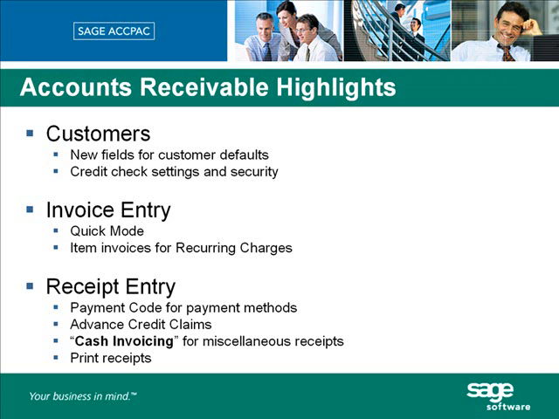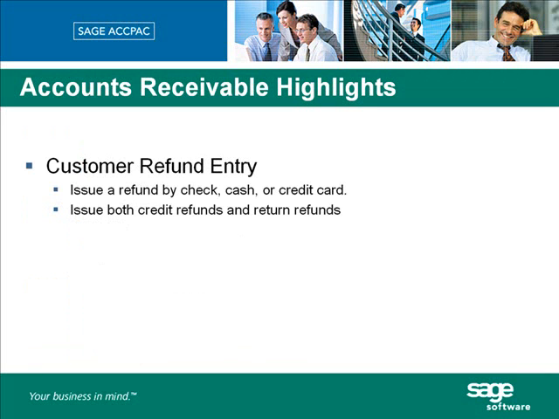And under receipt entry functions, there are many new features like payment code for payment methods, the ability to process advanced credit claims, perform cash invoicing for miscellaneous receipts, and the ability to print those receipts. With the brand new customer refund entry feature, you can now issue a refund by check, cash, or credit card, and you can issue both credit refunds and return refunds. Let's review these features.